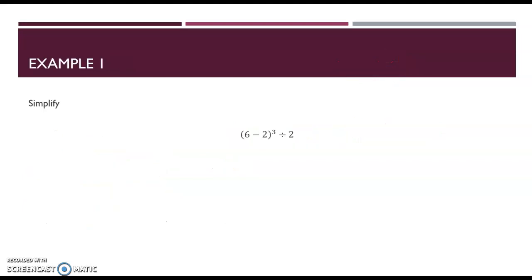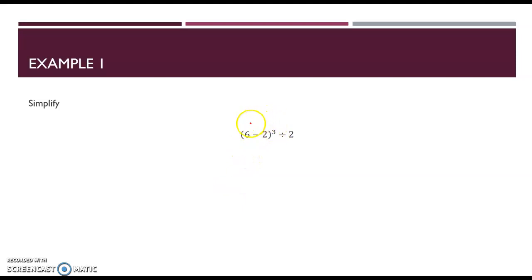All right, so now from here, we're going to go ahead and start the process. So we're going to start with our grouping symbols. Here we have a set of parentheses. When I have a grouping symbol, what I do is I look inside that grouping symbol and I start my order of operations process over again.